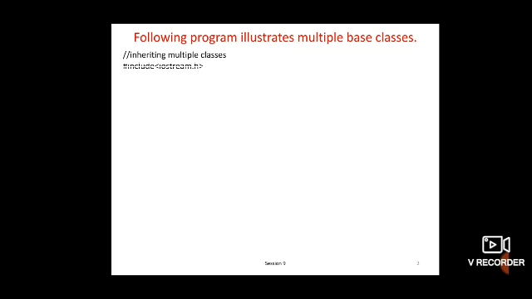First include all header files, then create one base class, class base1. Here class is a keyword, and base1 is the name of the base class. You can give any name to a base class. Now in this class base1, create one variable, data type is integer, variable name is x, and the access specifier is protected.